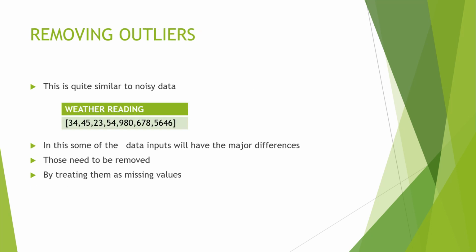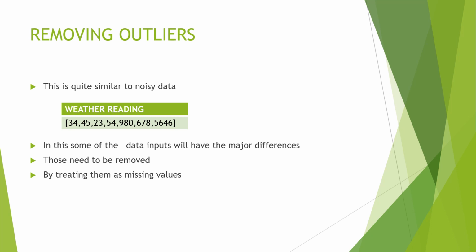The third thing is removing outliers. Outliers are quite similar to noisy values. With noisy values we see a minute difference between the actual value and the entered value. Here the value entered is quite opposite to the theme we have taken. Here the example is weather readings. We have a data set of weather readings.